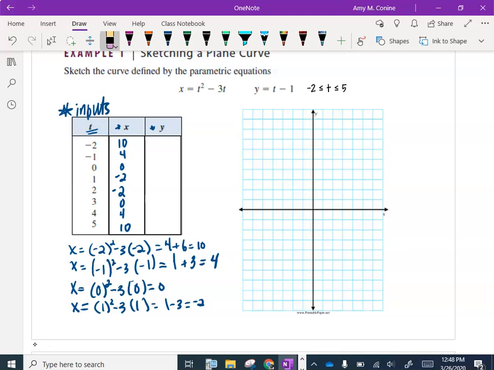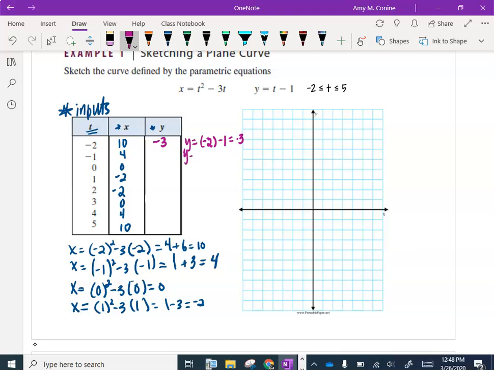Now we're going to do the same process for y. We're going to take these t values and plug them into our y function. So y is going to equal -2 minus 1, which should give me -3. Again, you're doing this for all your t values.